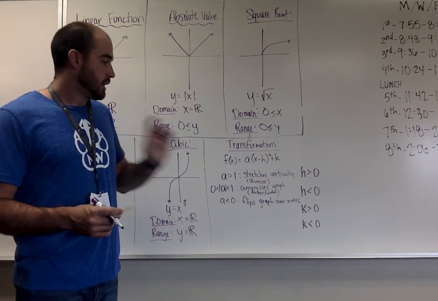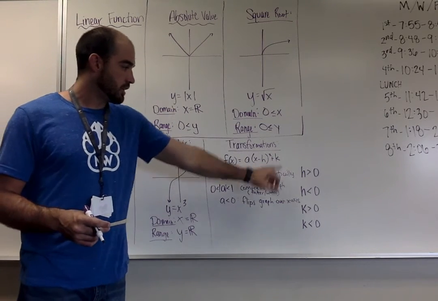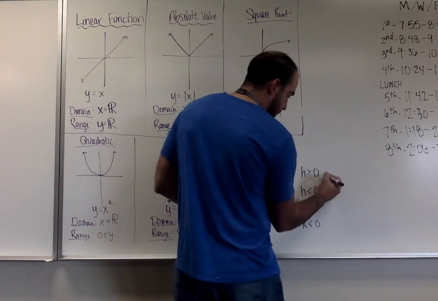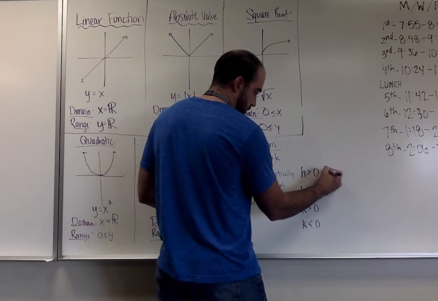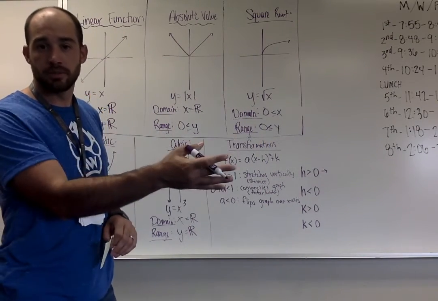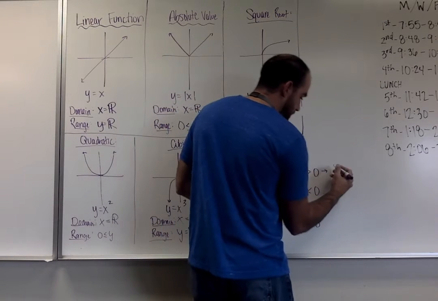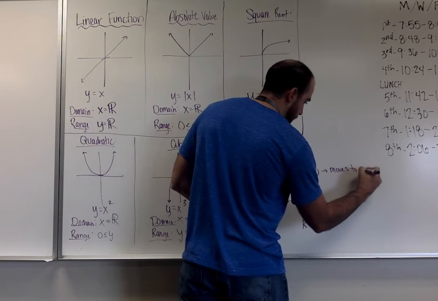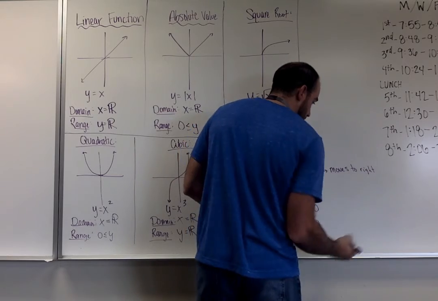Okay? We got 4 things left. We have our h and our k that we need to talk about. Okay? Our h, when it is greater than 0, what happens is it moves our whole graph over to the right. Okay? So when it's greater than 0, moves graph to the right. Okay?